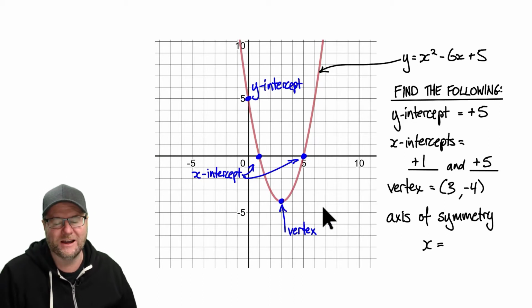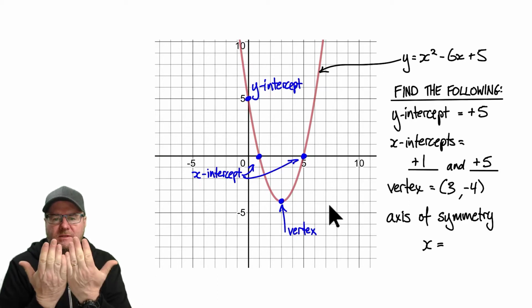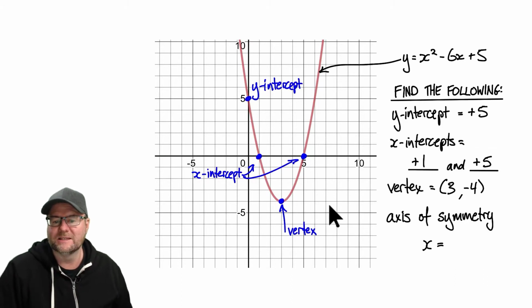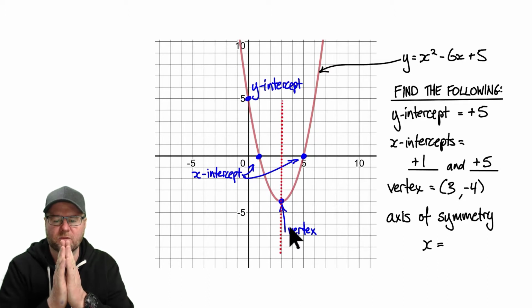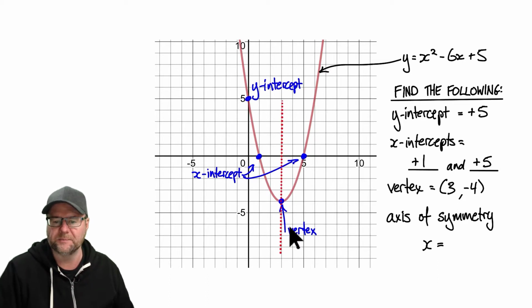One last thing to find, and that's our axis of symmetry. Now, symmetry just means a mirror reflection of something, so it's symmetrical on both sides. And a parabola is symmetrical, and it has a line that runs up the middle where, if you were to reflect each side of the parabola, they'd be exactly the same. That axis of symmetry always runs through the vertex, and it represents a line. Now, this is a vertical line.